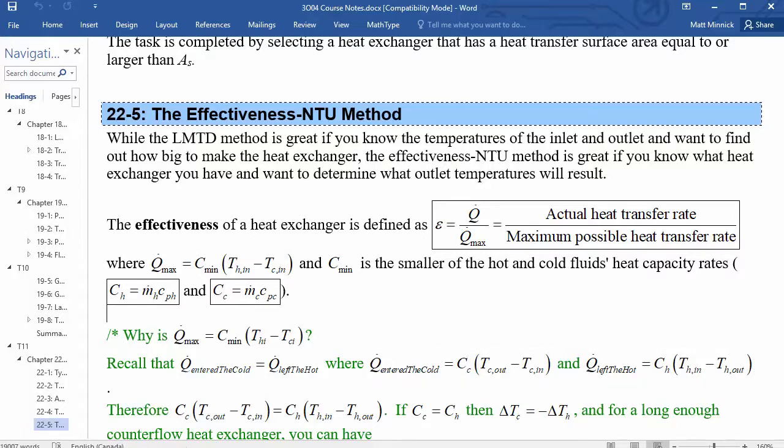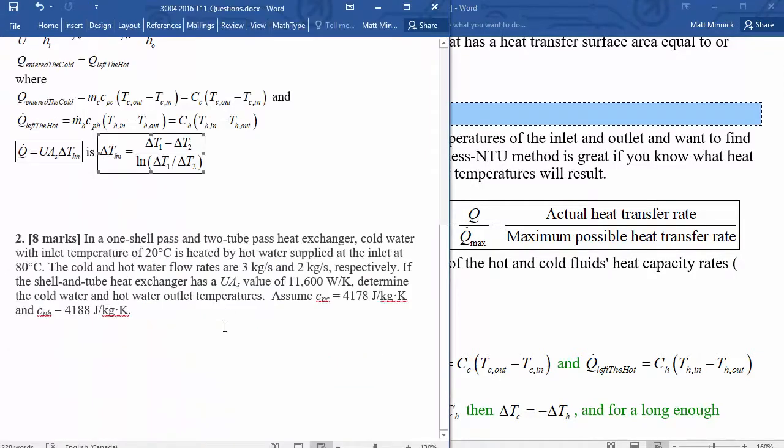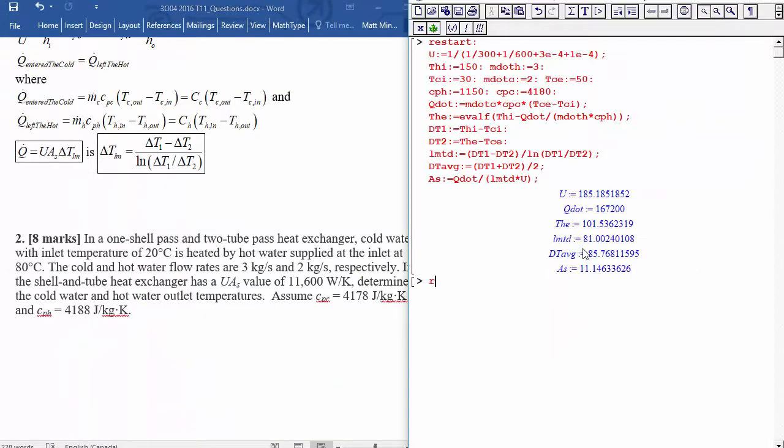Okay, so let's go. We've got cold water coming in at 20, hot water coming in at 80, and m dot c is equal to 3, m dot h is equal to 2.